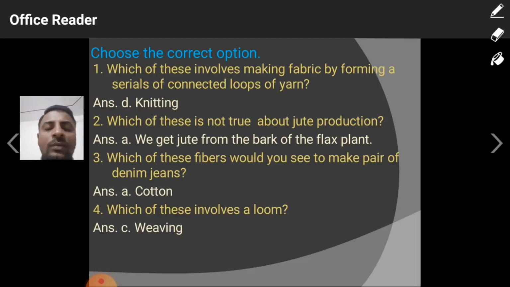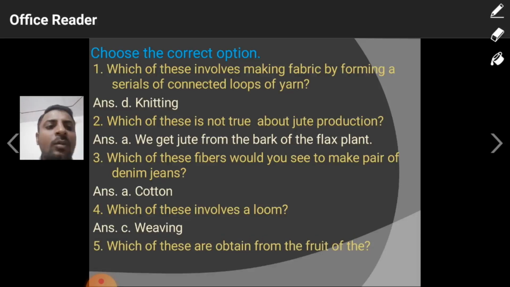It involves two types of looms, hand looms and power looms. Power looms work through machines, hand looms through hands. Next is, which of these are obtained from the fruit of the... D, silk cotton.